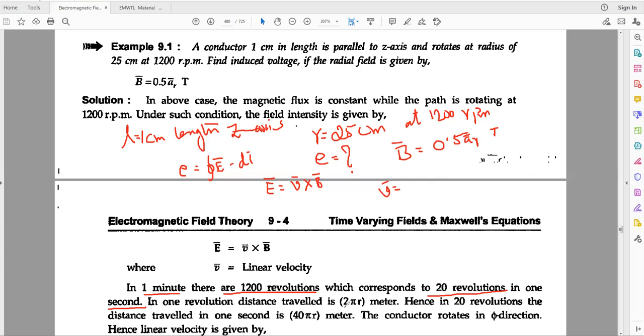One revolution, the distance traveled, is 2 pi r meters. So in 1 second, the distance traveled is 20 into 2 pi r, which is 40 pi r.